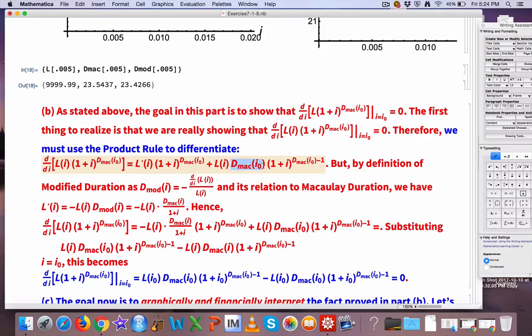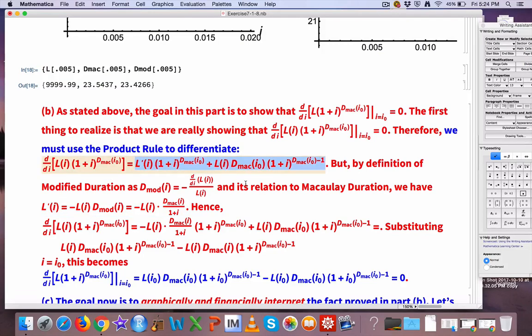We bring down the power. We subtract 1 from it. So this is in symbolic form the derivative, but now we use the modified duration, the fact that it equals this. In this equation we can solve for this derivative, multiplying both sides by L of i and also by -1 to get this. And we can make that replacement.